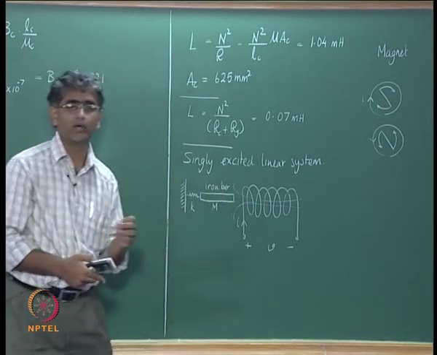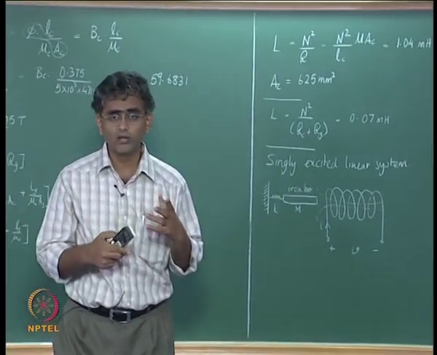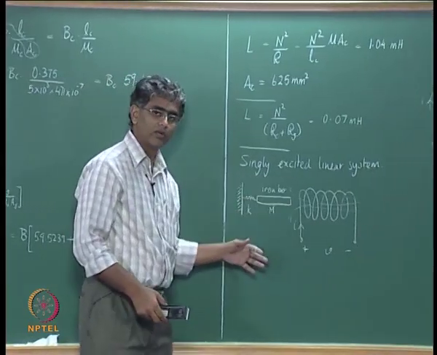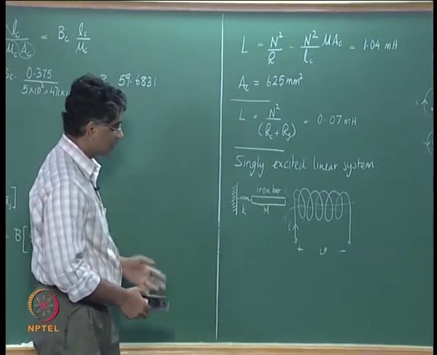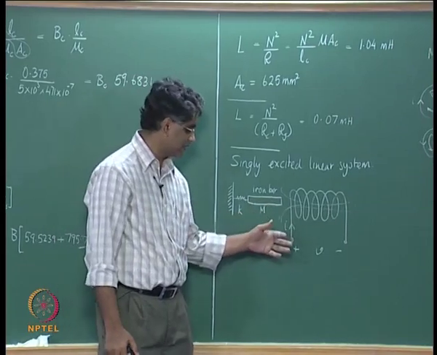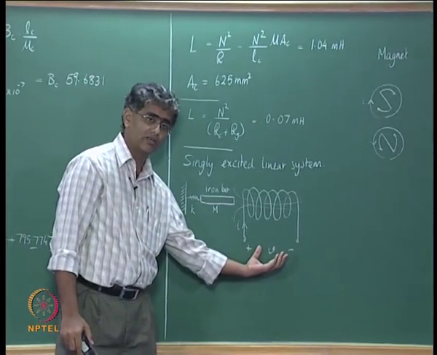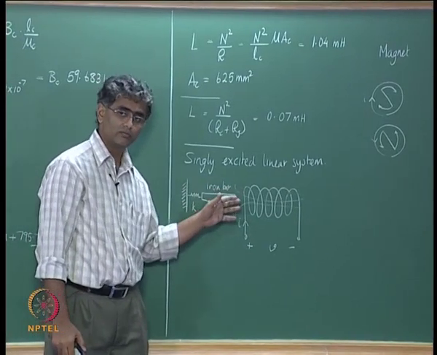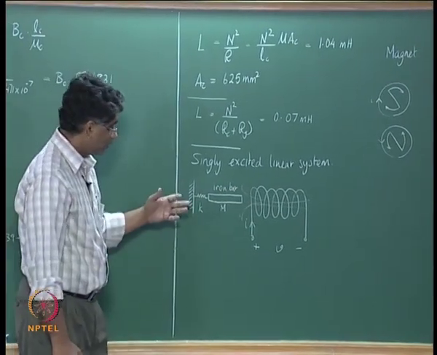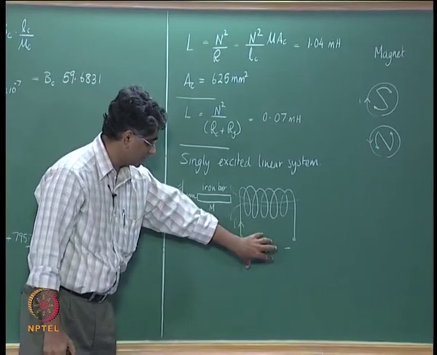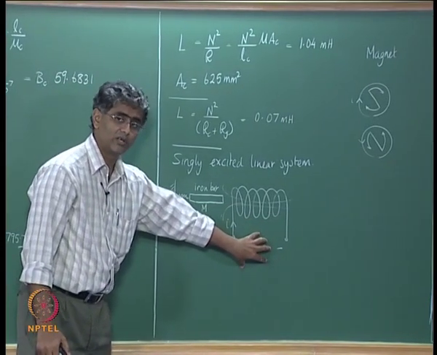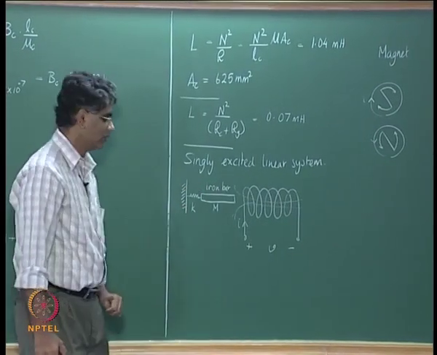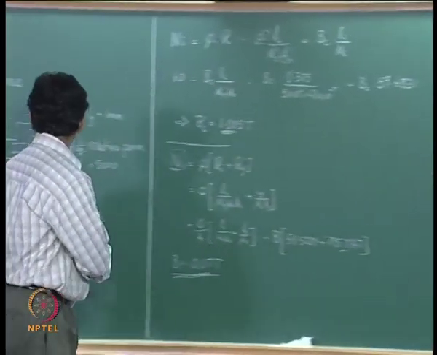All this we want to find out by means of having equations. So how does one start looking at this? Obviously this system is an electromechanical system, you have an electrical side to it and you have a mechanical aspect to it also, there is something going to move. So you need to have systems describing what is happening here, and what is happening here will in turn depend upon what is going to happen here. So let us see how to write down the system equations.